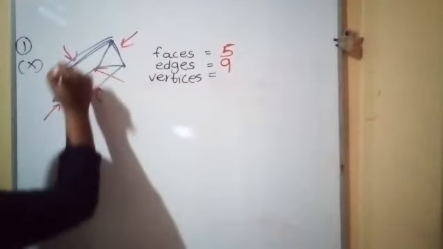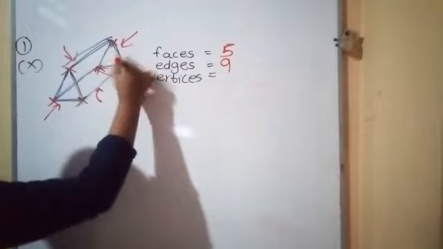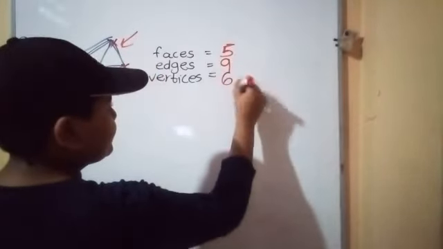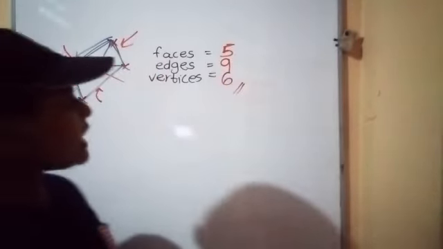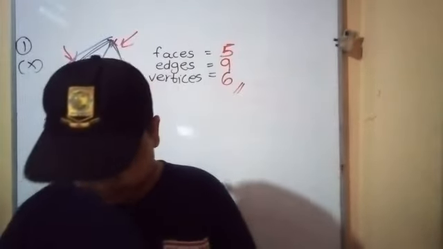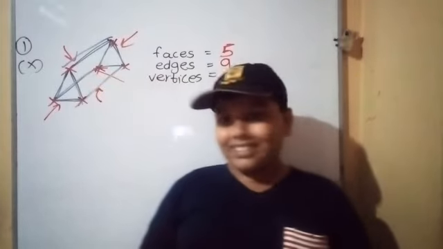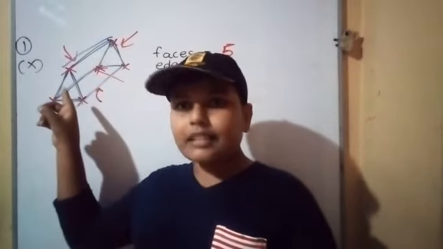So how many vertices? 1, 2, 3, 4, 5, 6. 5 faces, 9 edges, 6 vertices. They are. Very easy. Like that. Keep in mind, these are equilateral triangles.